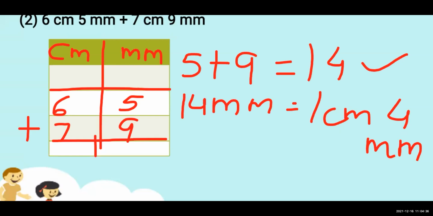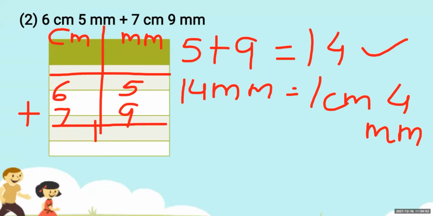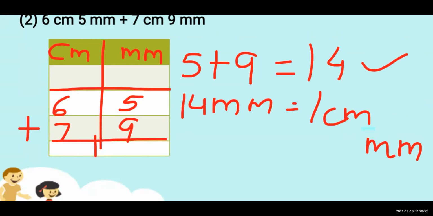Mute yourself now. Arnav, I have unmuted you now. You tell me the steps after this for 1 centimeter and 4 millimeter. Till here we have completed. Now after this step, what step will I write?